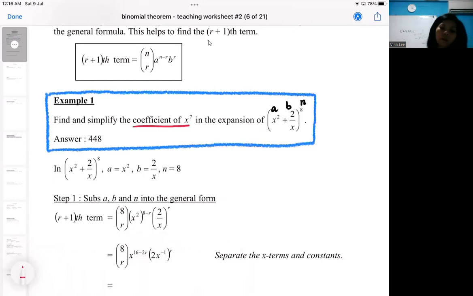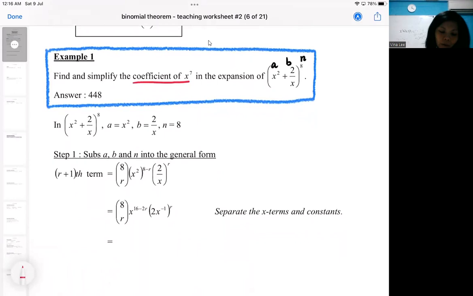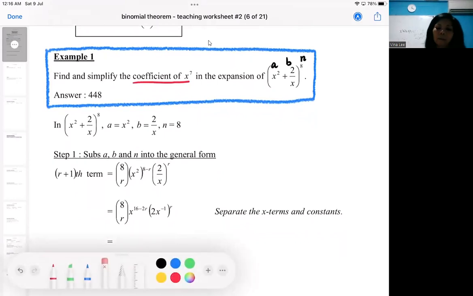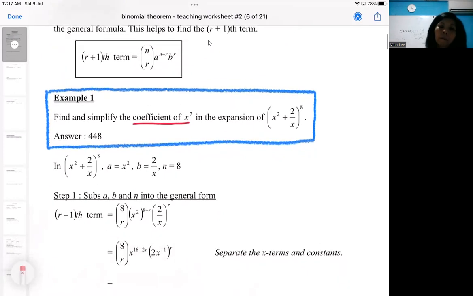But it's usually very long. You find yourself doing unnecessary steps. So that's where the general formula comes in. And in O-level, there are questions that need you to explain using the general formula. So first of all, let's look at how you insert your A, B, N into the formula.